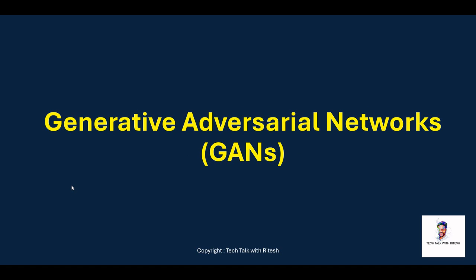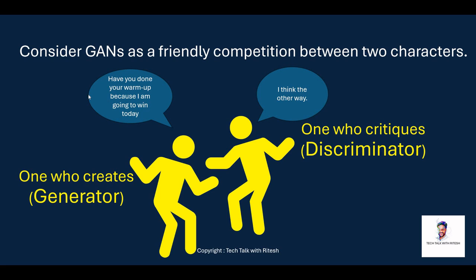So first one is Generative Adversarial Networks, GANs. Consider GANs as a friendly competition between two characters. This is one guy, this is another guy, one is called the generator, another is called the discriminator. The generator creates, and the discriminator always criticizes, always finds problems with what you have generated.